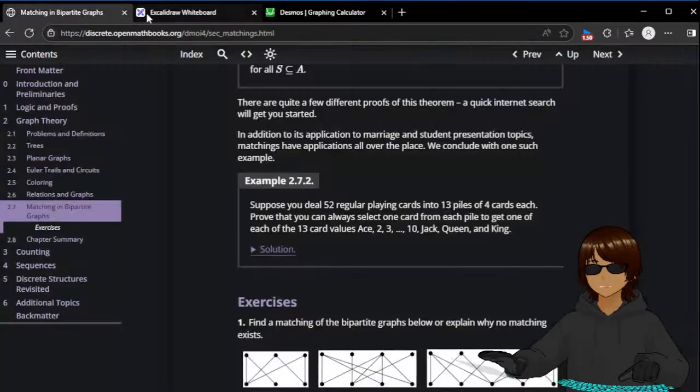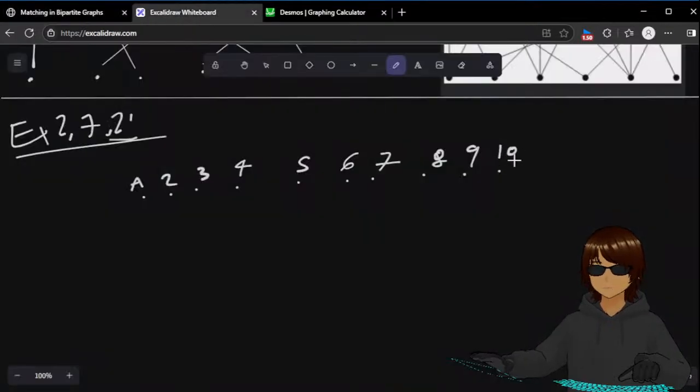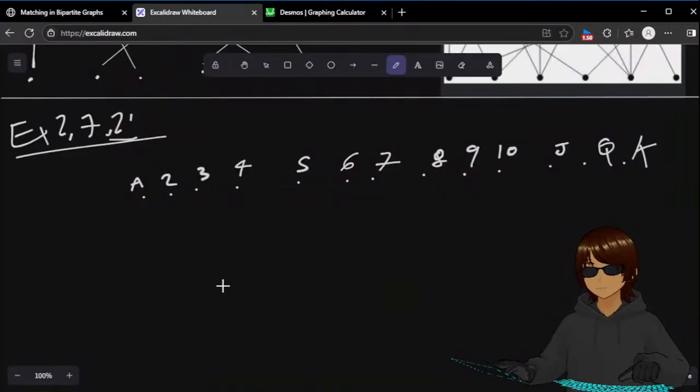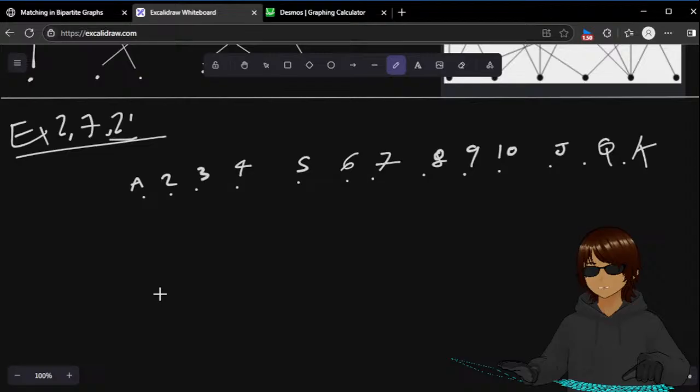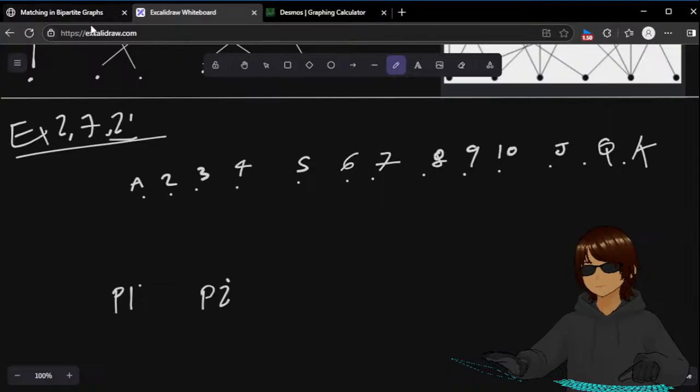There's no 10, right? There is a 10. Jack, Queen, King. Then we have 13 piles of 4 cards each. So pile P1, pile 2, and so on. They would have 4 cards, right? So one possible way is like this over here.